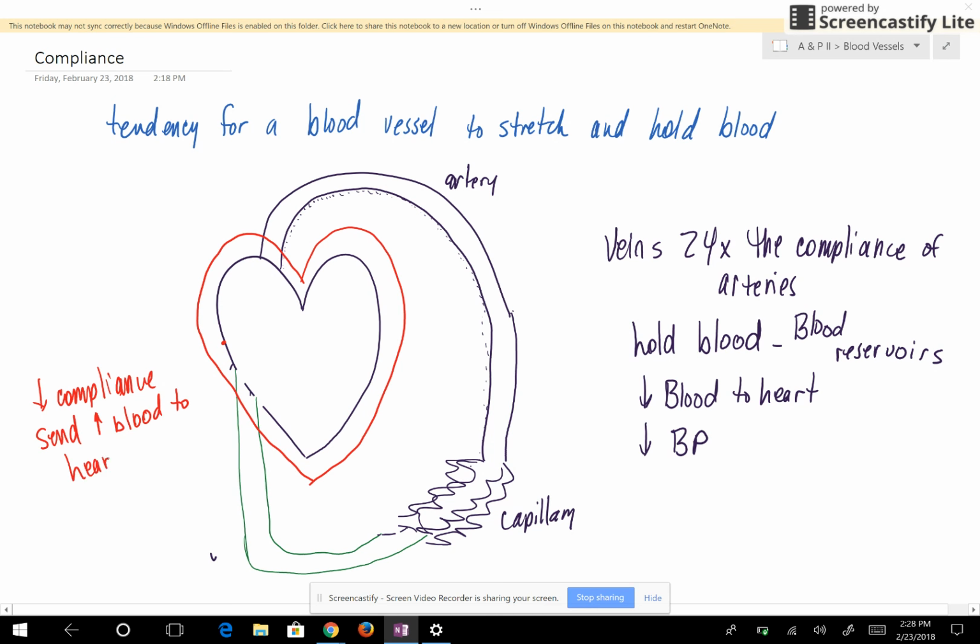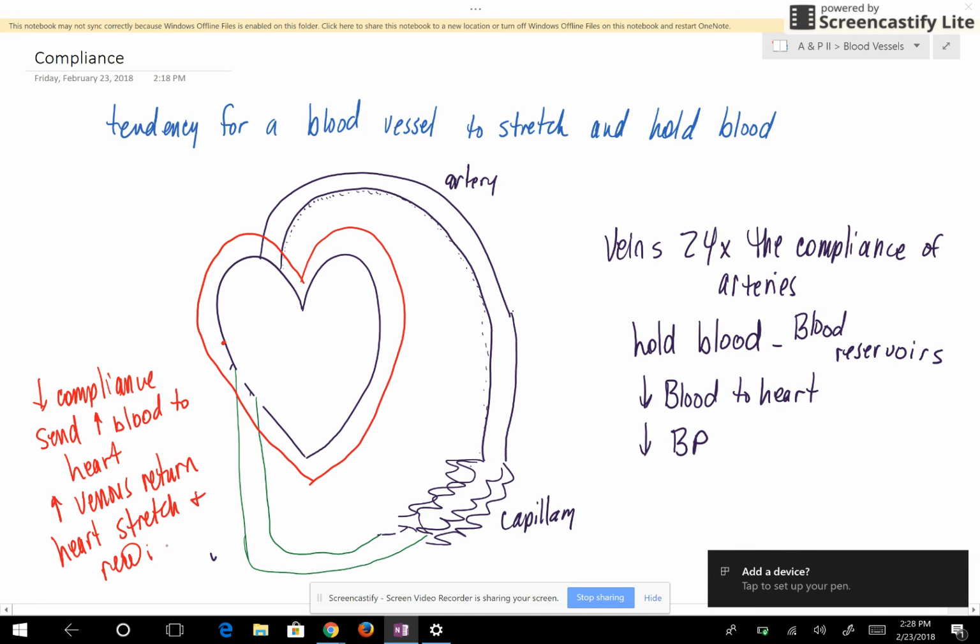That would increase our venous return. That makes the heart stretch and recoil with a greater force. And if the heart recoils with a greater force, that increases the blood pressure. So that's a description of compliance.